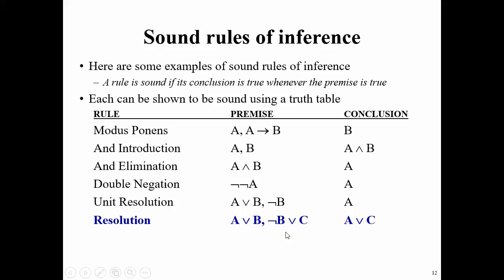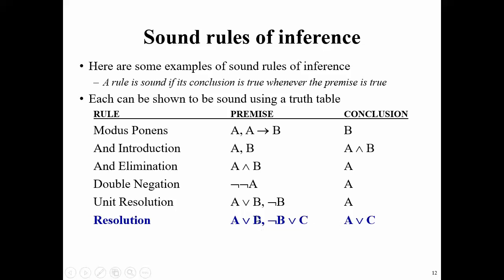This will be useful for you later. Resolution will be useful in your fourth unit. If A or B is there, and negation B or C is there, the contradicting terms will be cancelled. Now what is your conclusion? A or C.